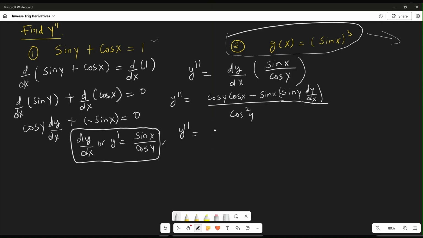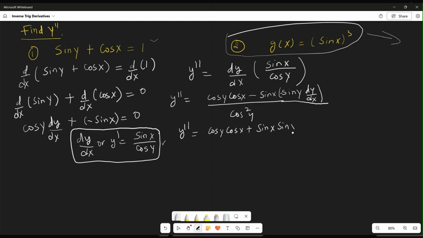Okay, so we have cosine y cosine x minus, minus plus, no, yeah, plus, but it's not squared because these are different, x and y.